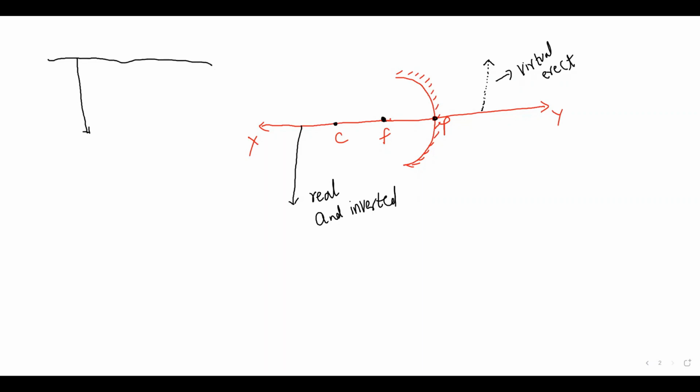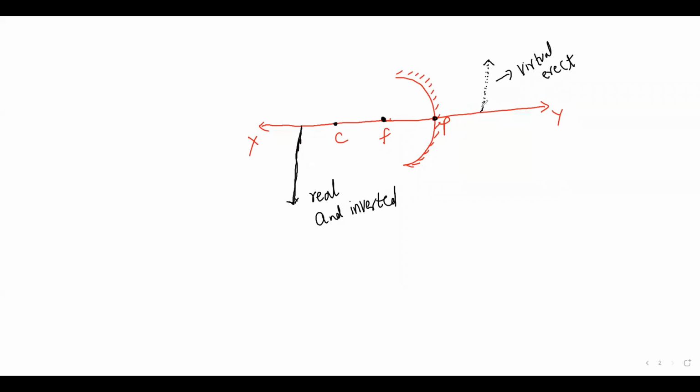So what is the difference between virtual erect image and real and inverted image? Virtual erect images are formed above the principal axis. Real inverted images are formed below the principal axis.